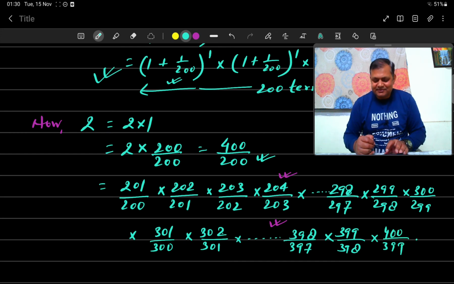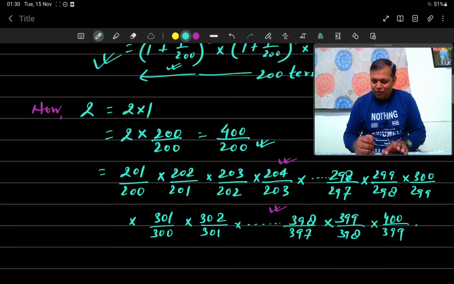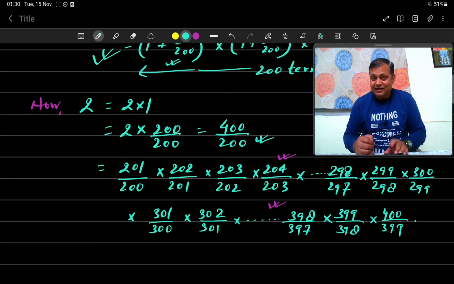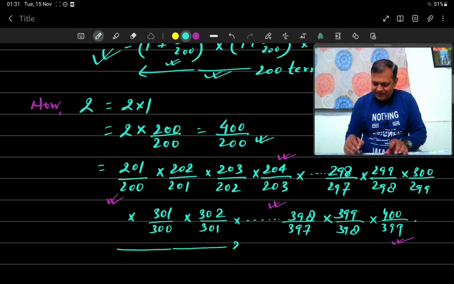This is the last term. Now you can observe this is a very interesting pattern, because you are expressing your idea to get the factors like this. From the first term to the last term, there are 200 terms here.